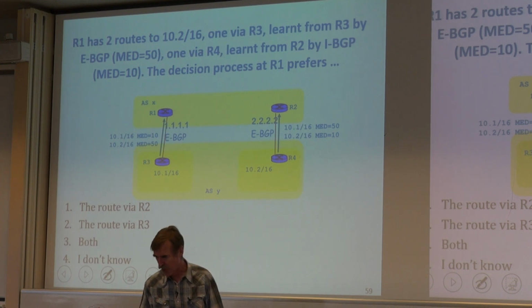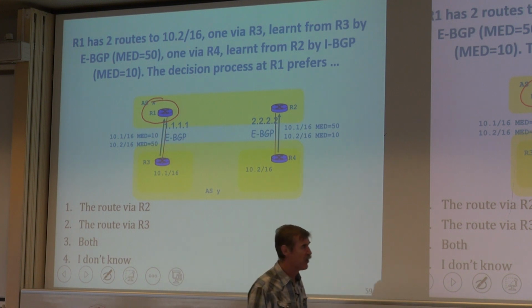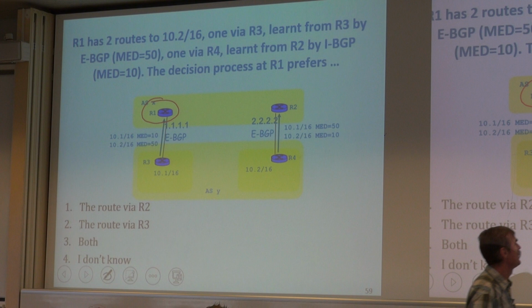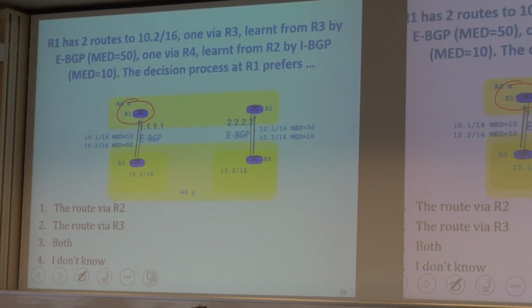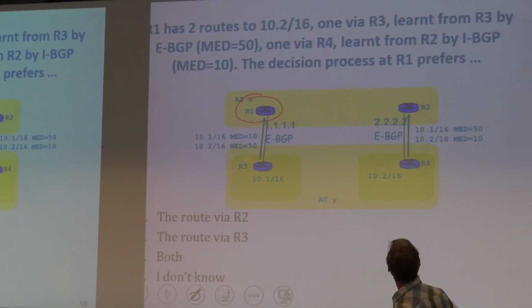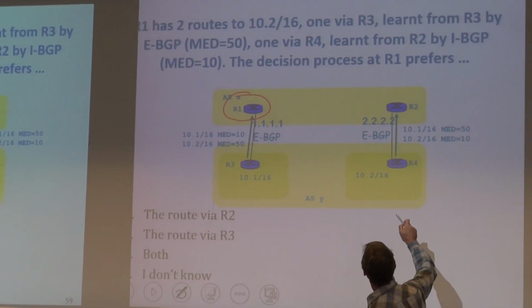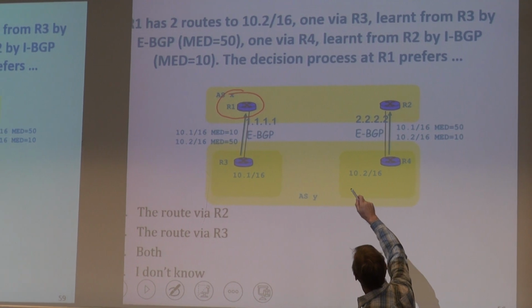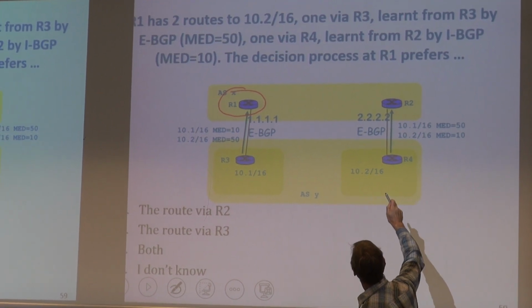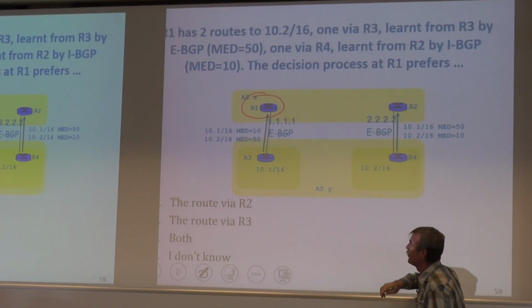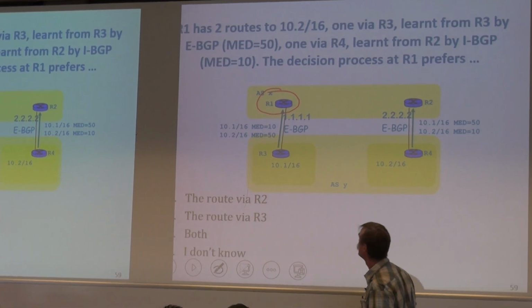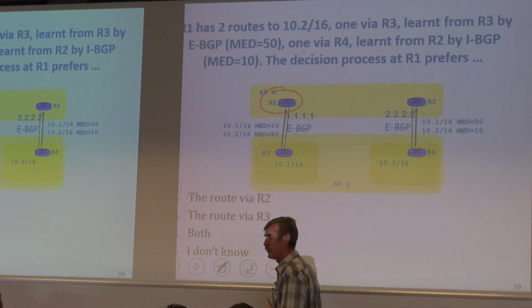If we zoom on R1, R1 has two routes to 10.2: one learned from R3, which is an exterior BGP peer, and one via R4, but learned from R2 by I-BGP, with MED equal 10. Now, which one will the decision process at R1 prefer?